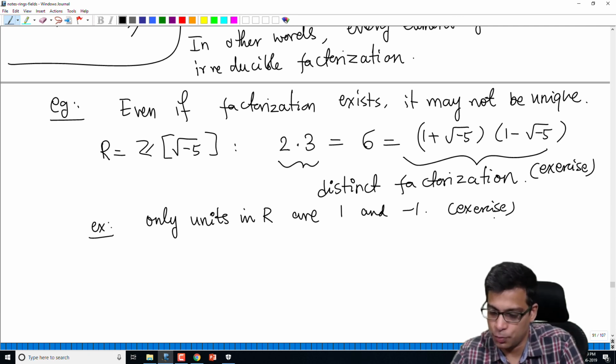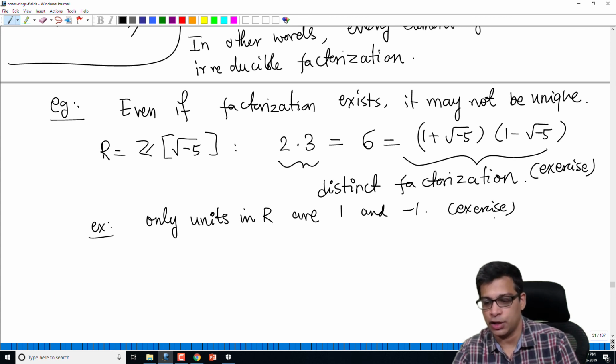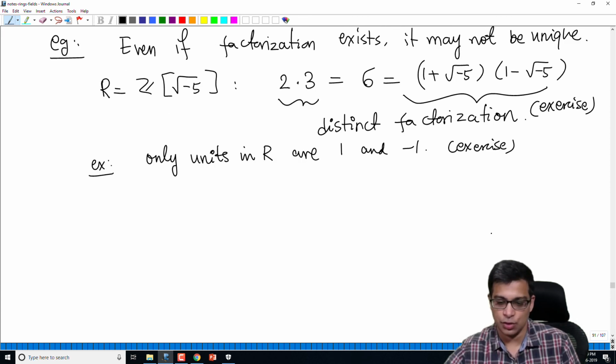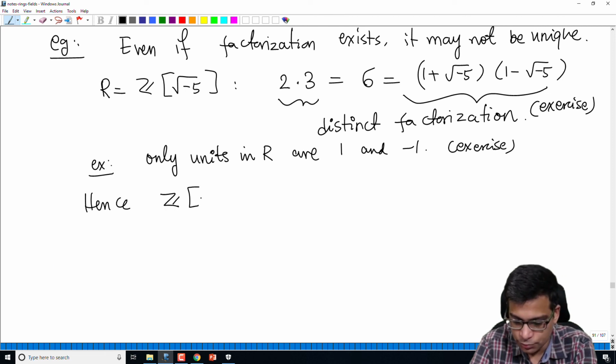And I want you to also prove that 2 is irreducible, which we have proved. Using the same argument, prove that 3 is irreducible. And a similar argument tells you that 1 plus root minus 5 and 1 minus root minus 5 are irreducible. So these are distinct irreducible factorizations. So this is not unique, and hence this ring is not a UFD.